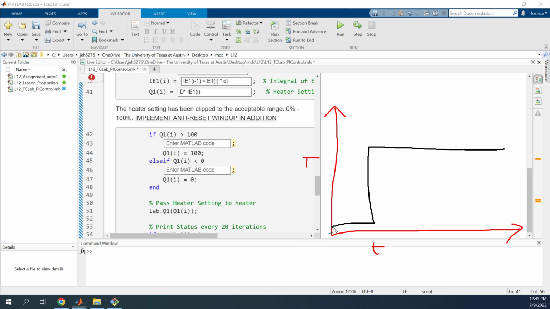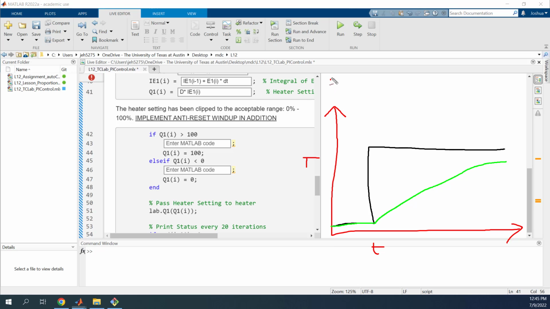We have our actual temperature, so we'll get a new color out. Let's make it green. Green's my favorite color. So we have little error, and as we're going up, all of a sudden, it's going to start working its way up. So if the heater setting, we'll make another separate graph now real quick. It's going to be quite the graph. These are just concepts.